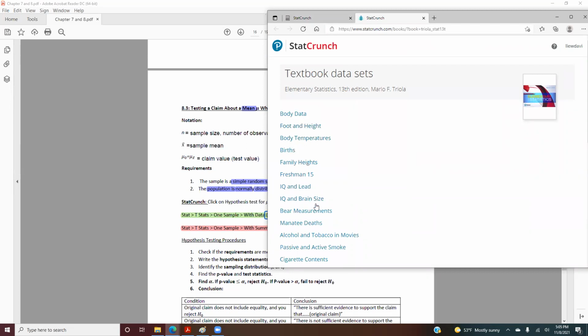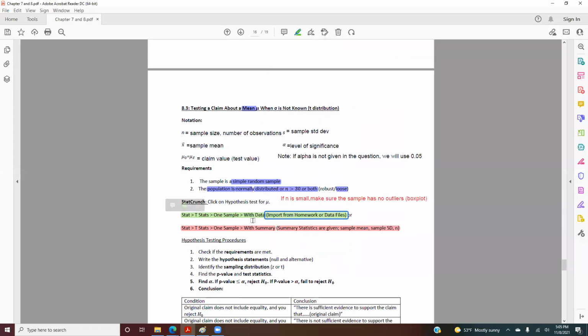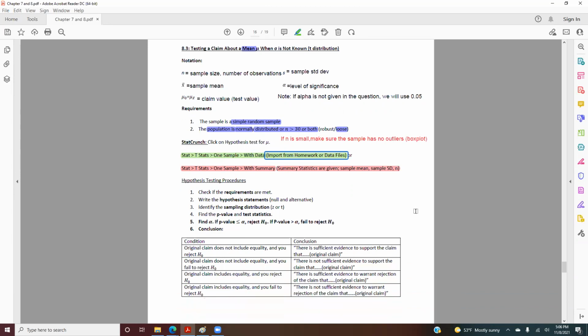If you use one of these, we're going to use with data. Or if you have data you imported from your homework, that also uses with data. So make sure you know which one to pick here.